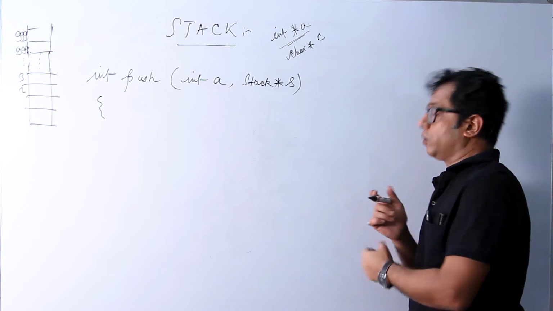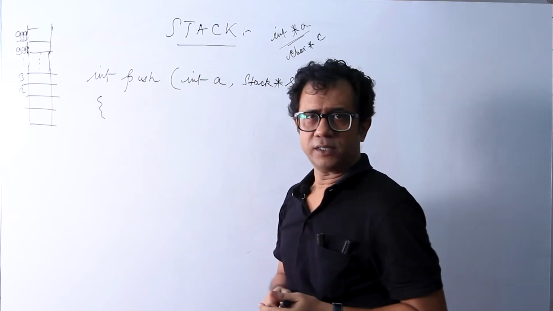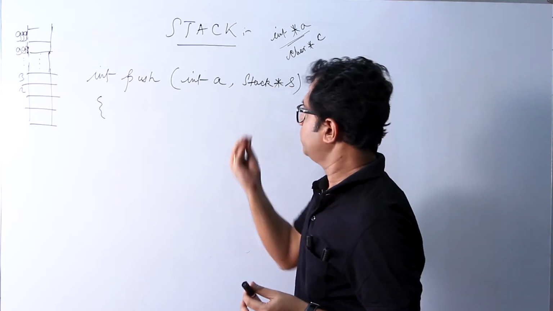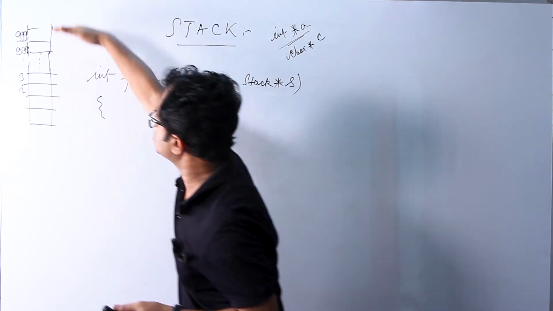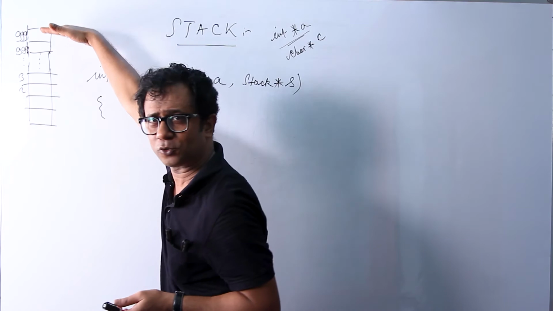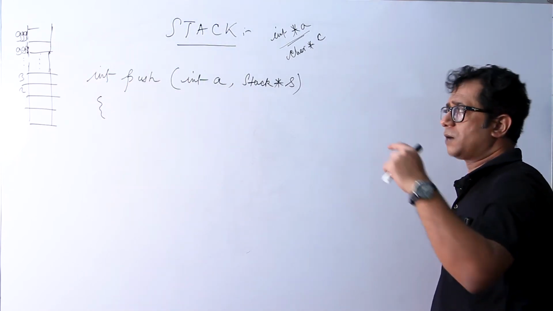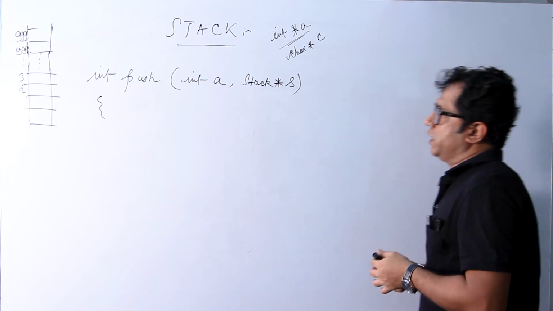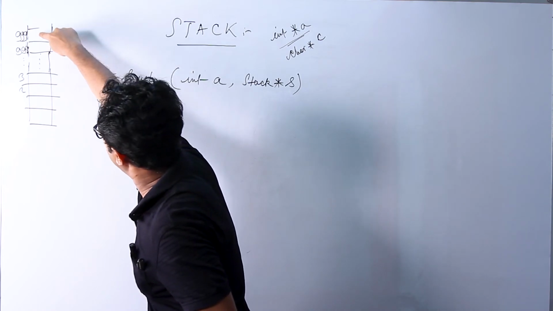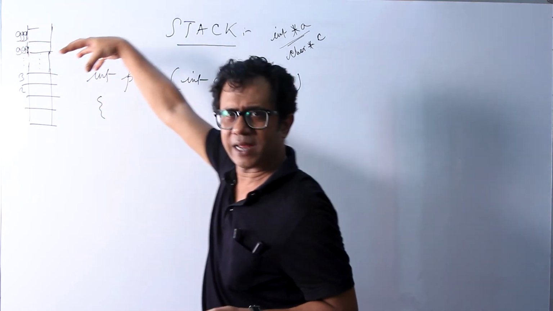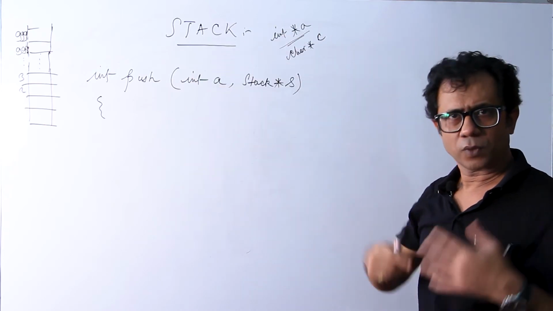So first, in order to see whether we can push any element in the stack is to be determined by seeing whether the stack is totally full, that is, full up to the brim, like a glass full of water. If we see that this stack is totally full and the topmost element lies over here, then we cannot push any element further into the stack, because the stack will then overflow.